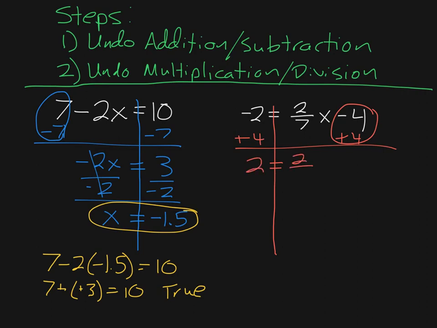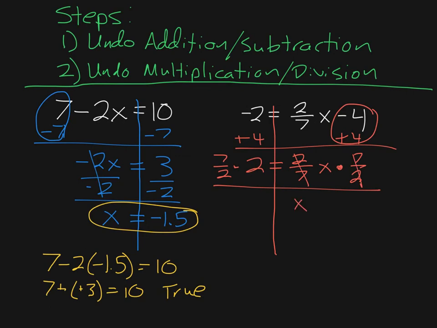We have 2/7 x over here on the right. Now this is 2/7 times x. Instead of dividing by 2/7, I'm going to multiply by the reciprocal, 7 over 2, times 7 over 2. Now on the right side, 2/7 times 7/2 equals 1. Those cancel out.